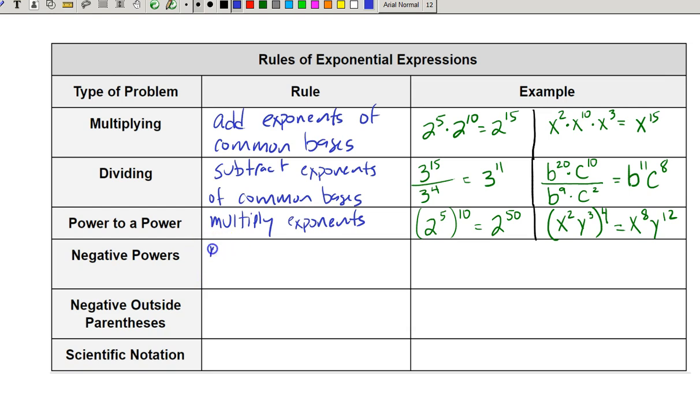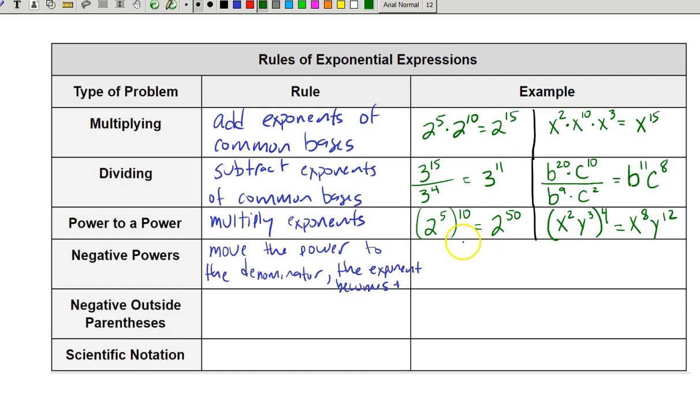So we'll say here in words, if we move the power to the denominator, that means that the exponent becomes positive. Or it could be vice versa. If the exponent was positive to begin with and we moved it from the numerator to the denominator, then it would just simply change the sign. It would just become the opposite.